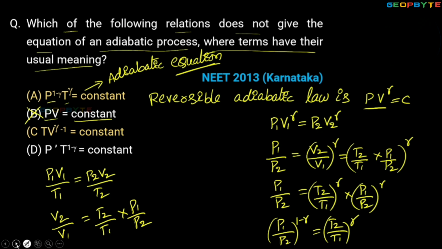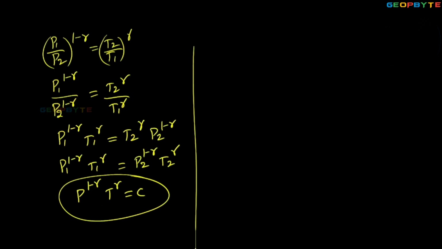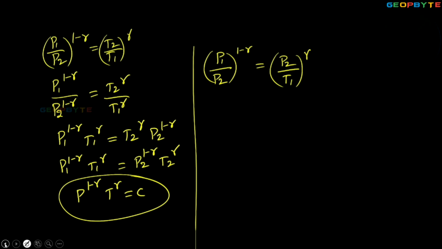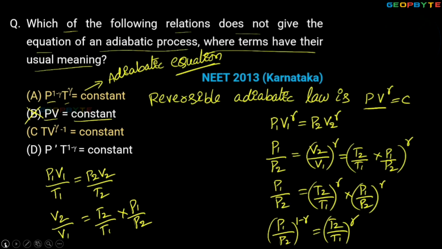For that, as you know, here you got P1 by P2 power 1 minus gamma equal to T2 by T1 power gamma. But what is P1 by P2 in terms of volume? P1 by P2 equal to V2 by V1 power gamma.